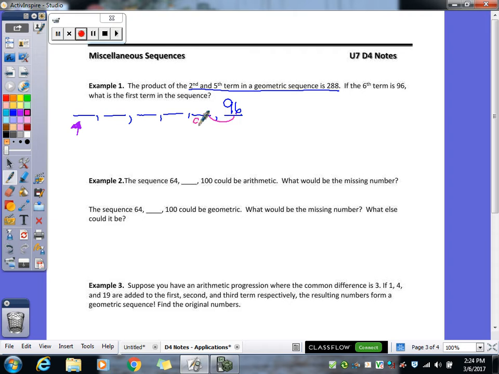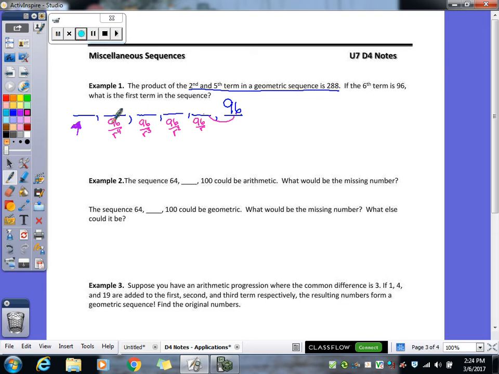So really my fifth term I could say for right now is 96 over r. Now to get my second term, I could keep dividing by r, and all that does is it changes the exponent on your r. So really your second term is 96 over r to the fourth, because you would just keep dividing by r, divide by r, divide by r, divide by r.